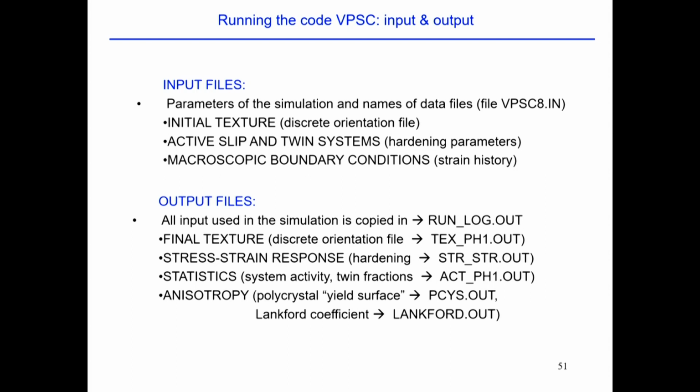Before we start, I want to explain things. The input files for the code are always the initial texture, which is a discrete orientation file with a certain number of grains, typically 1,000 grains. When we started doing this type of calculations, we couldn't afford more than 100 grains because the computers were really slow.